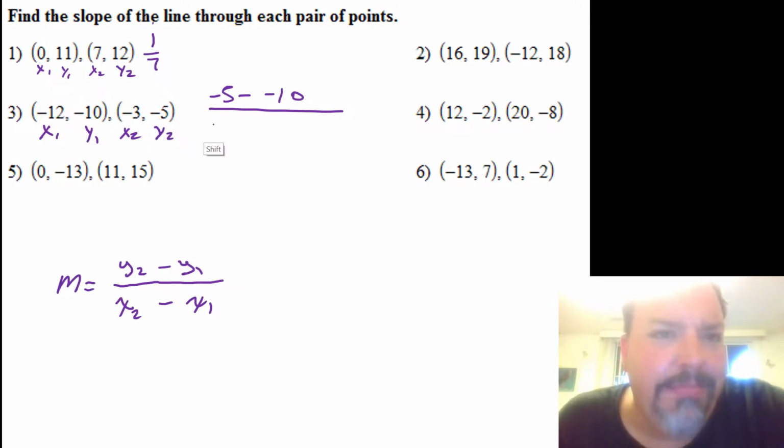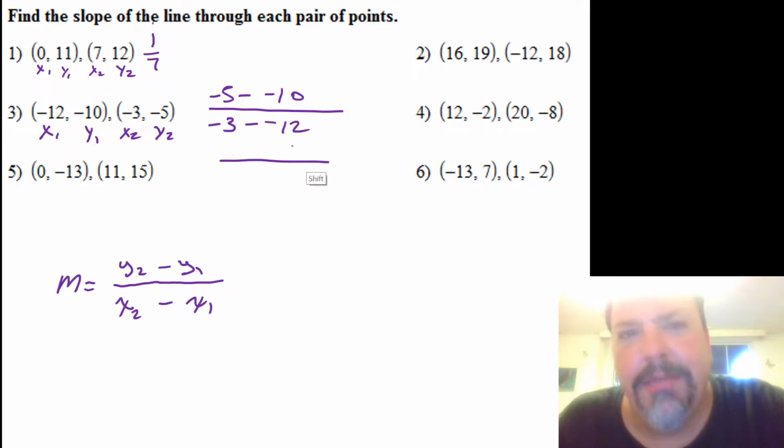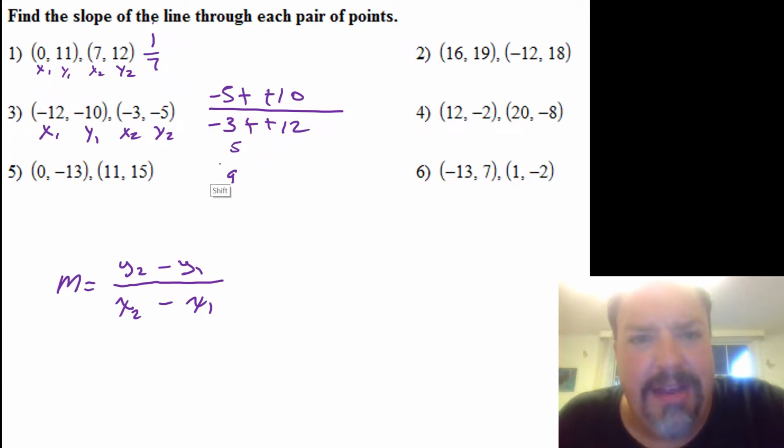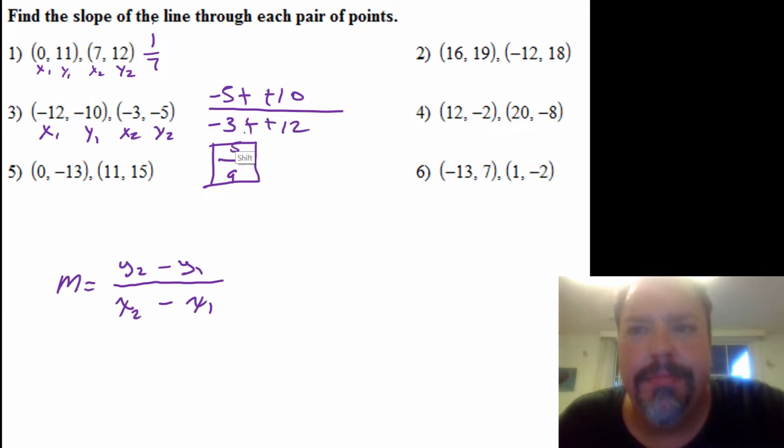And what's going to go on the bottom? -3 minus a -12. So you have to be careful with these minus signs here. 2 negatives become a positive. What do we have on top? We get 5. And what do we have on the bottom? -3 plus 12. That comes out to 9. So it looks like we have 5/9 for our answer.